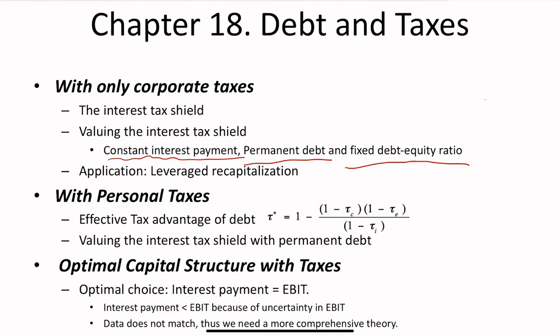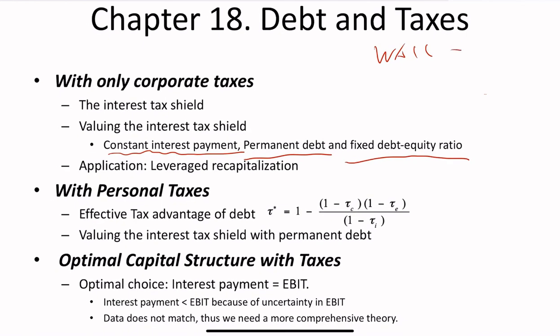So this is a special case because we assume debt equity ratio is fixed. So why do we want to make this kind of assumption? Well, because if debt equity ratio is fixed, then WACC, that is weighted average cost of capital, is fixed.